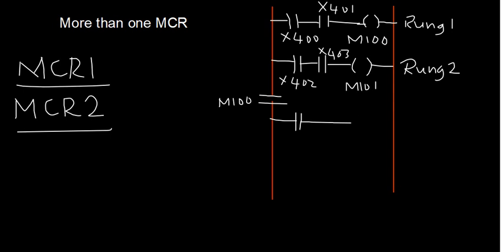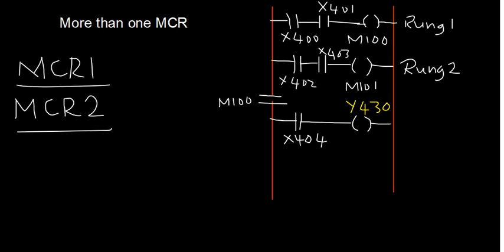In this rung I will have one input device which is X404, because X403 has already come, and here I would write this as Y430. This is my Y430. So X404 activating Y430 happens only when your M100 is activated.